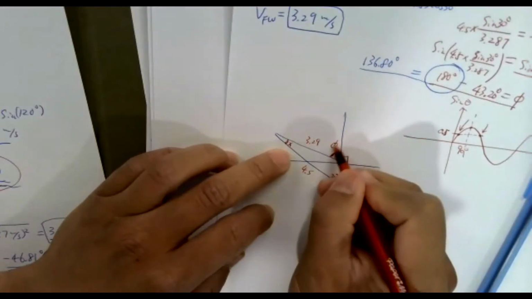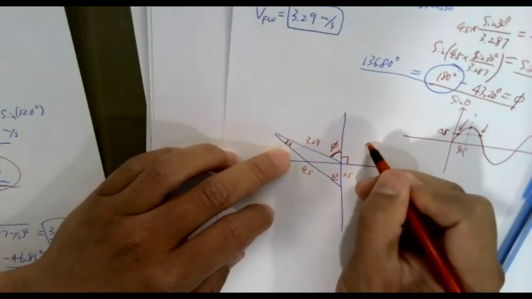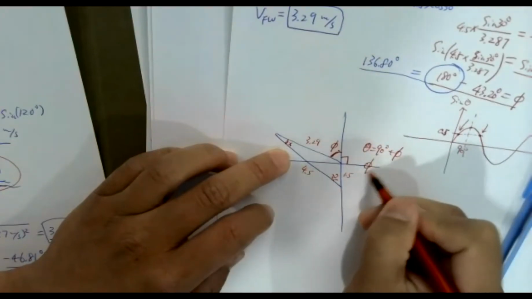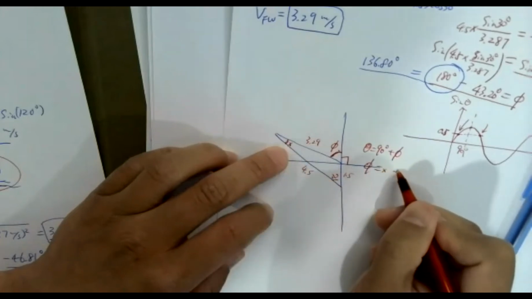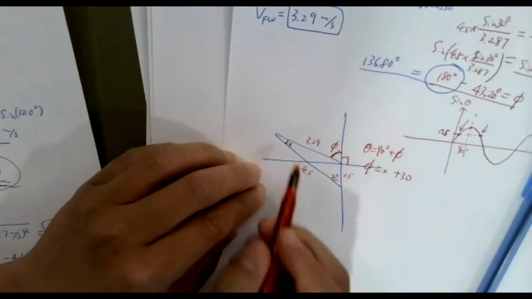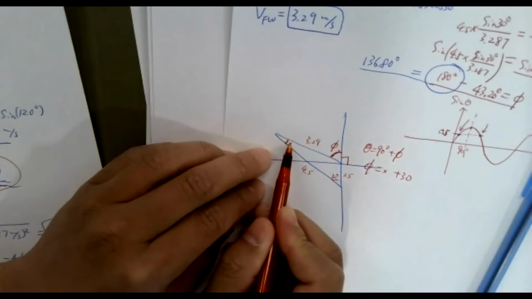Let me call this phi. Now theta is equal to 90 plus phi. And then phi is equal to whatever this x is plus 30. It will give you this angle first.